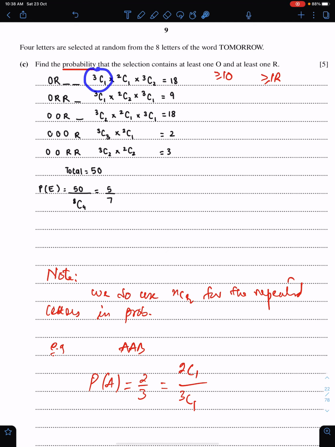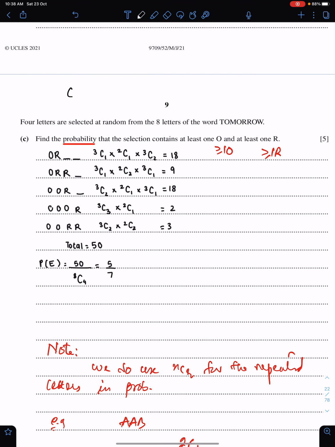So 3C1 means 1 O from 3 O's. There are 3 O's and 2 R's. So when there is 1 O, we must have 3C1 here. 1 R, 2C1. And we need 2 more letters from the remaining 3 letters. Remaining letters are 3.